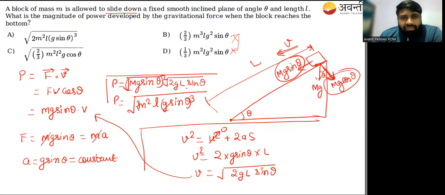So g sin theta you have here, g sin theta you will have here, but here we have g sin theta square, and here we have g sin theta, so it will become g sin theta cube. We have only L, power of L is 1, and m becomes m square. So this is the power developed, which is the square root of 2m square L g sin theta whole cube.